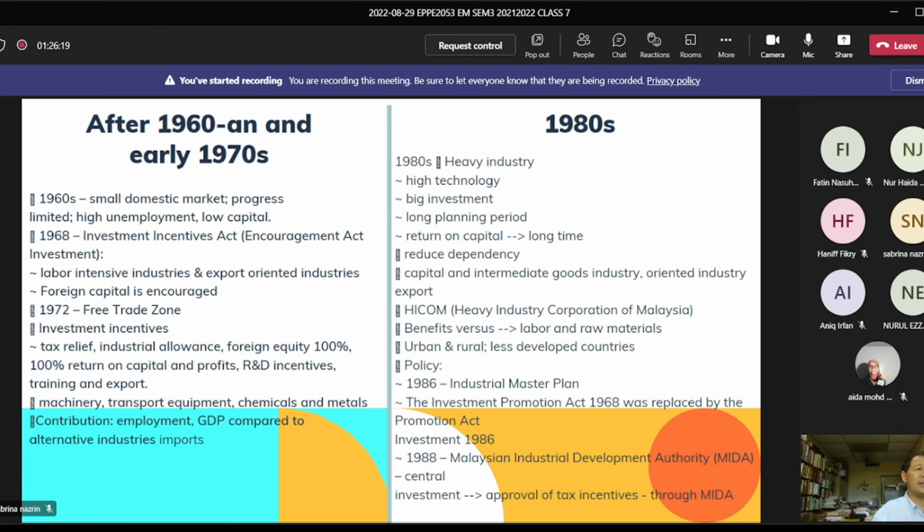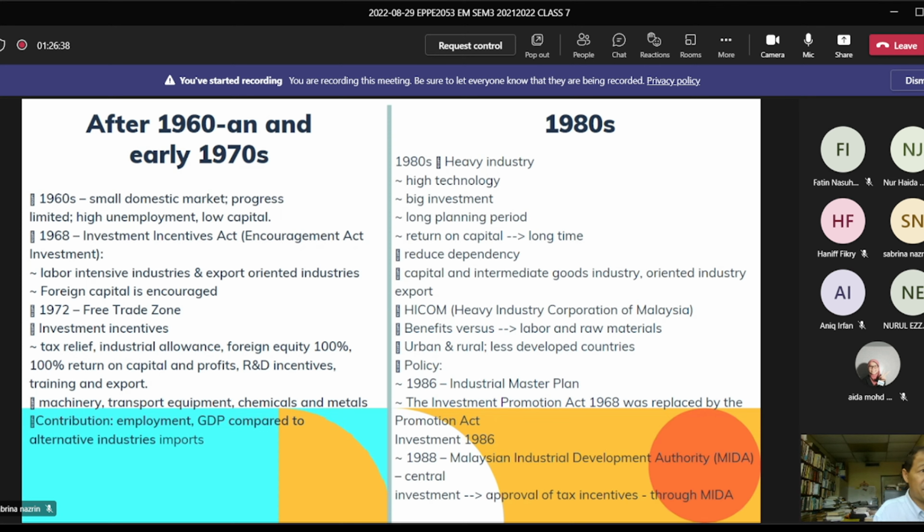With the PR, Malaysia from 1987 until 1997 was having the golden years of economic growth and rapid industrialization.